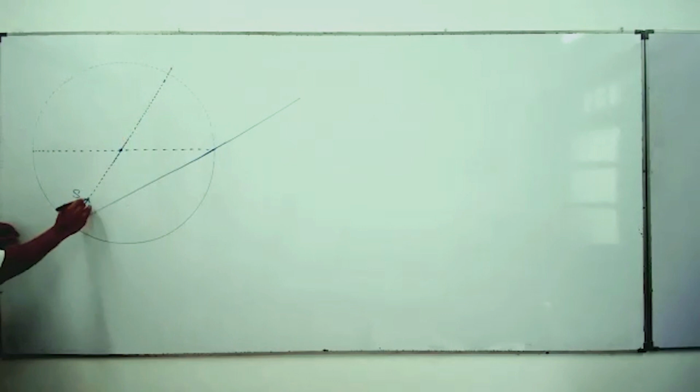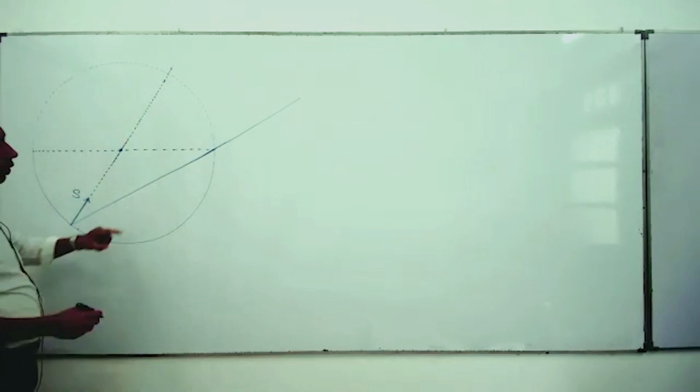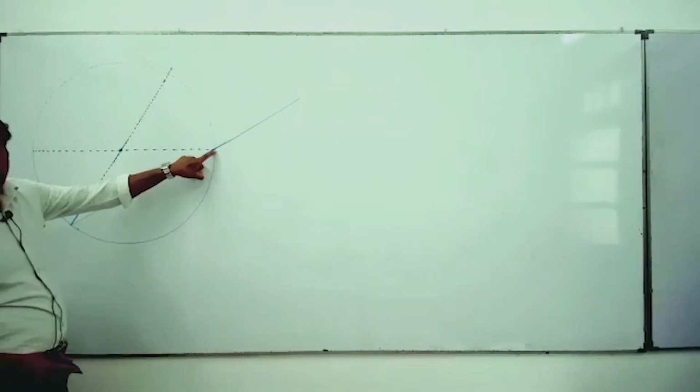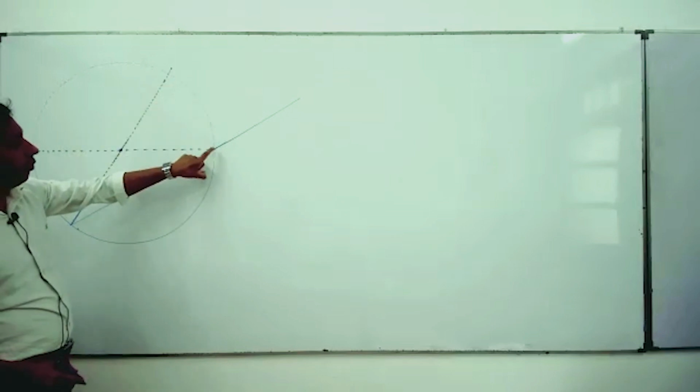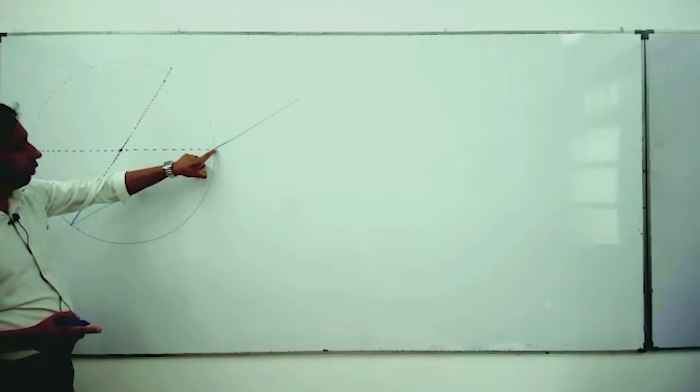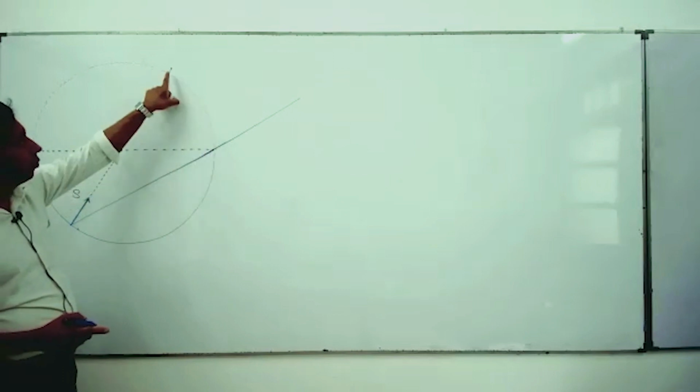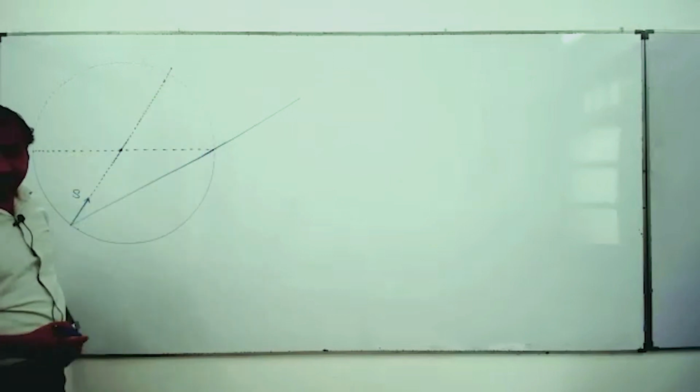So this is it. Here the reaction will be perpendicular to the rod. Here the reaction by the edge or the rim of the ball is perpendicular to the rod. Therefore, that reaction should pass through this point. You know the reason for this.